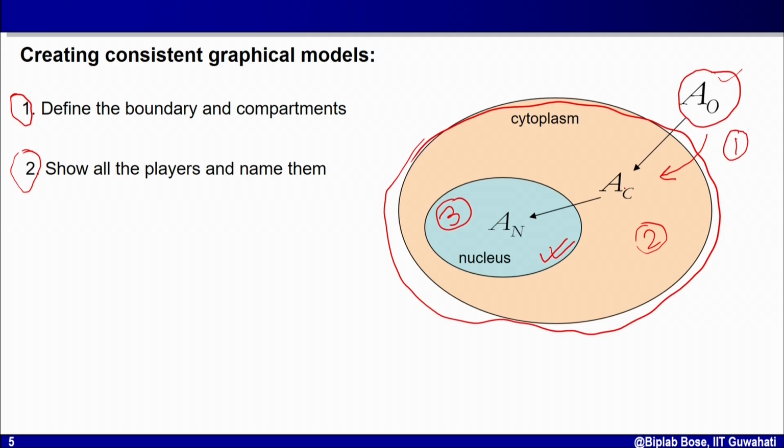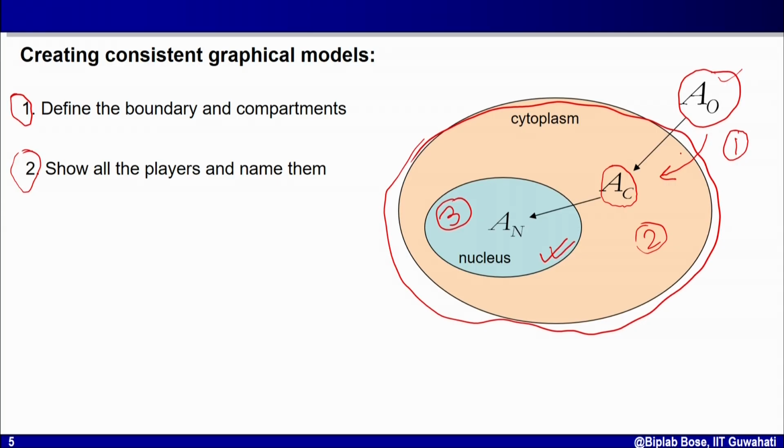It enters, I have marked that same molecule when it is in cytoplasm as AC, to remind you that this is the A molecule, but it is present in cytoplasm. The same molecule, when it enters into the nucleus, I am marking that as AN, representing that it is the A molecule in nucleus.